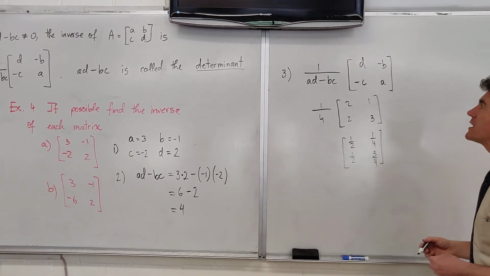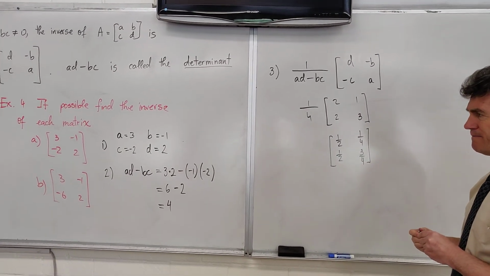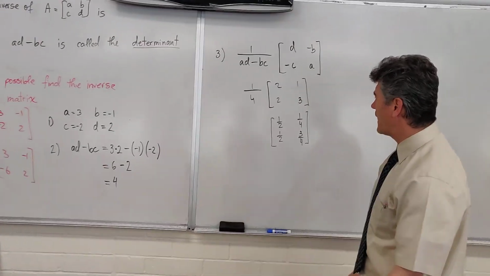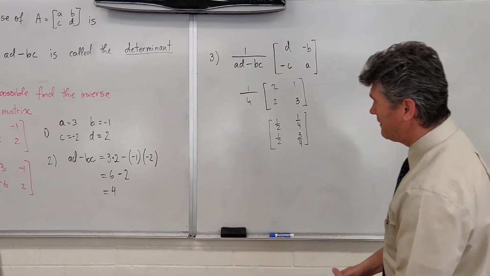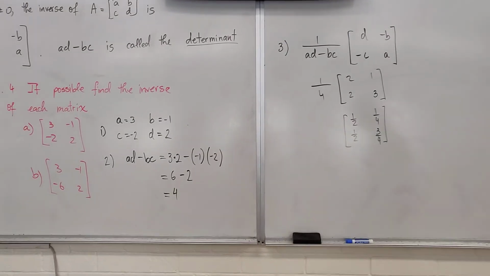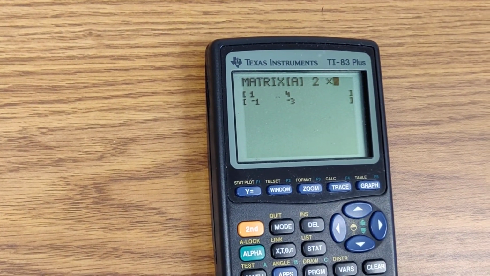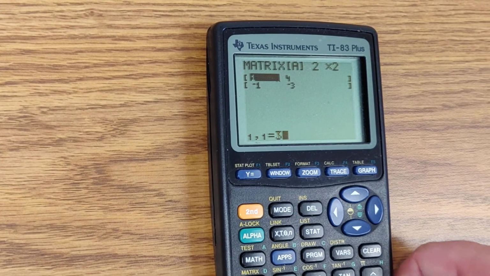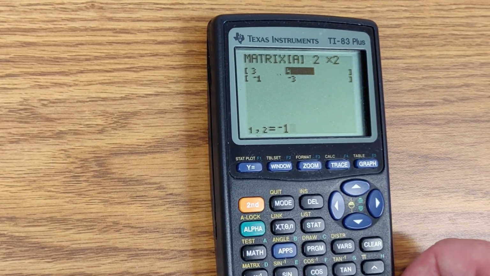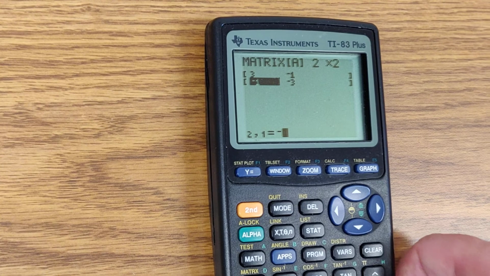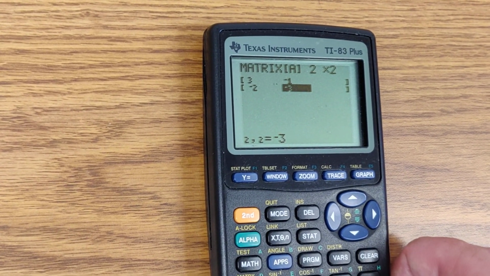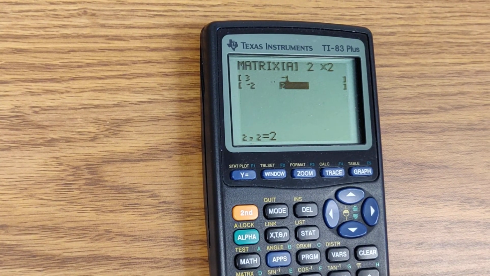Of course, as always, the last step should be to check. Let's use our calculator one more time to find this inverse. So turn the calculator on. Let's clear everything so it doesn't become confusing. Second matrix, edit. This is a 2 by 2. We have 3, -1, enter, -2, enter, and then 2, enter.